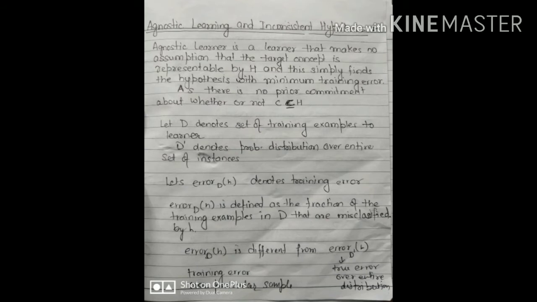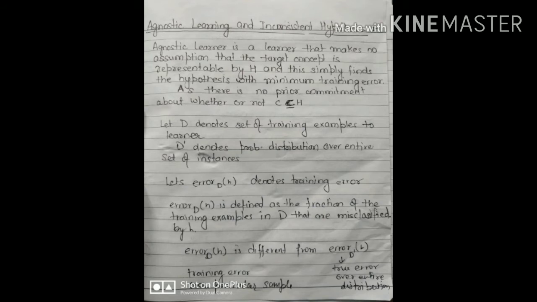From the definition we understand that there is no commitment about the target concept and the hypothesis, so the target concept can be a subset of H or it cannot be. Now the next part.